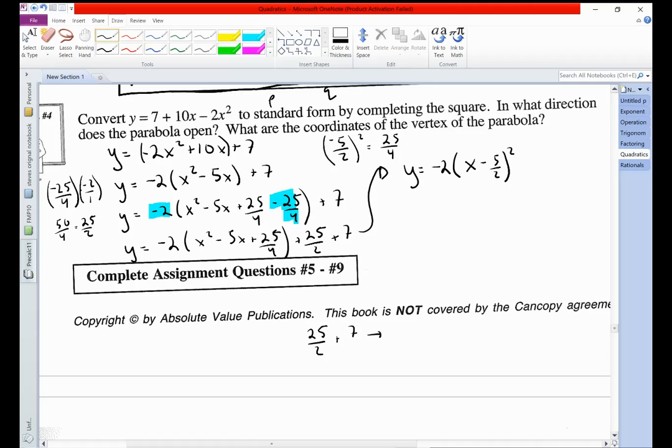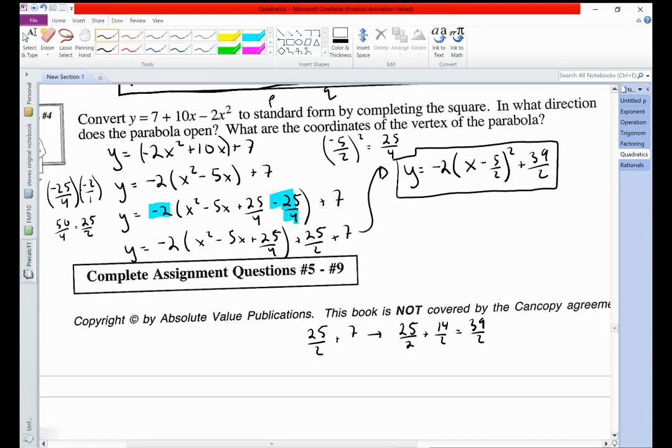Well, we need to write that 7 as a fraction over 2. We need a common denominator. So we have 25 over 2 plus 14 over 2. And that gives us 39 over 2. And that is our equation.